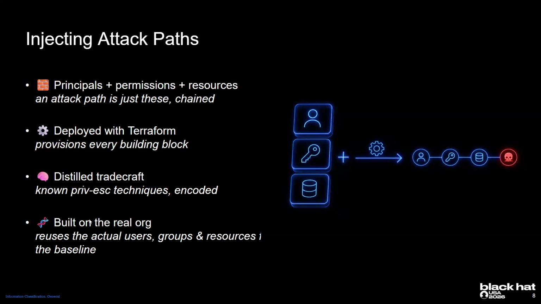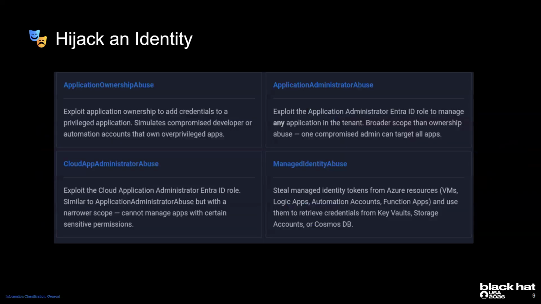So what techniques are actually supported by BadZure? As I mentioned, I took a look at known techniques that have been abused by attackers and presented by researchers out there, and I organized them into identity plane and cloud plane. First, in the identity plane, the goal is to hijack a privileged identity. So there are specific permissions and Entra ID roles that can be abused.